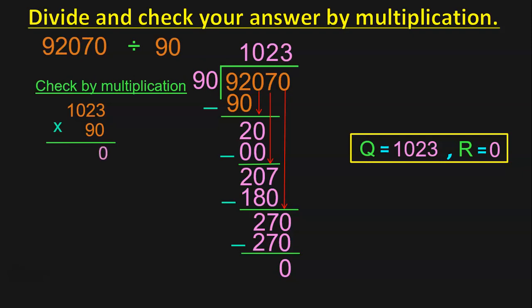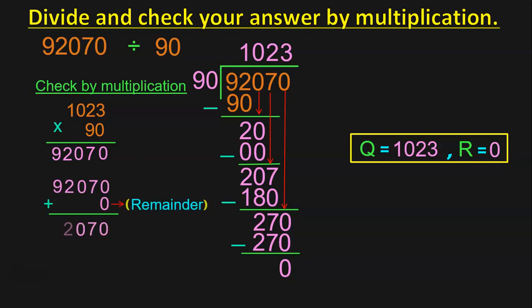Next, multiply by 9. 9 threes are 27, 7 carry over 2. 9 twos are 18, 18 plus 2 is 20, 0 carry over 2. 9 into 0 is 0, 0 plus 2 is 2, 9 into 1 is 9. So you get the answer to be 92,070. If you add with the remainder 0, you once again get the same dividend 92,070, which shows that our method of division is correct and our answer is also correct.